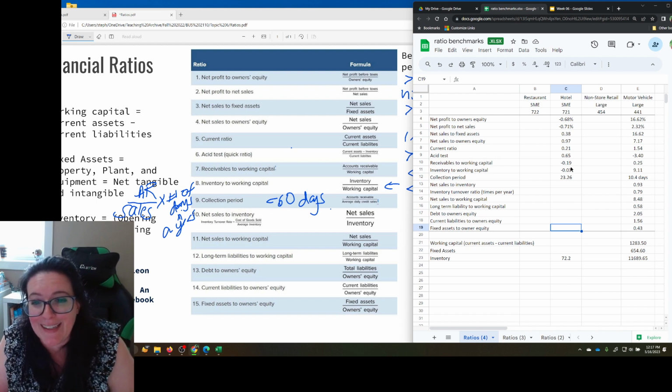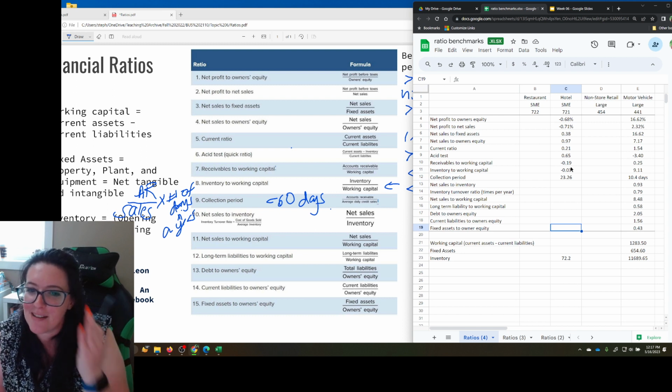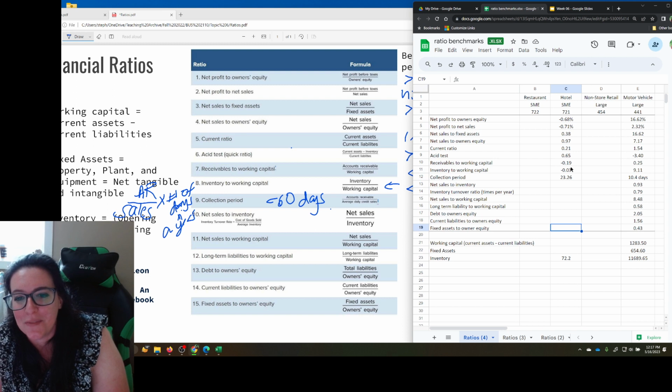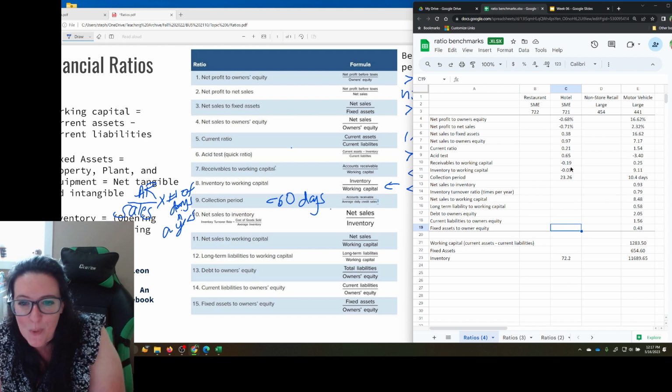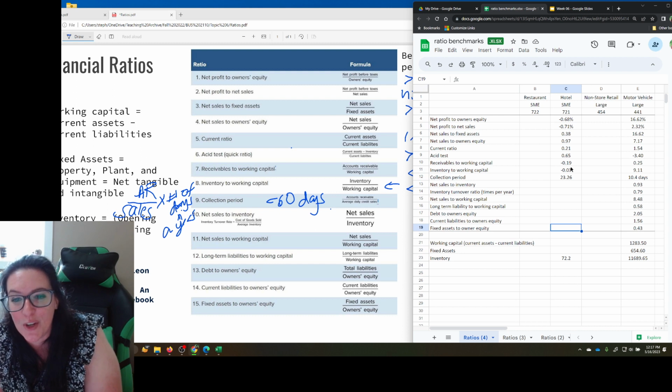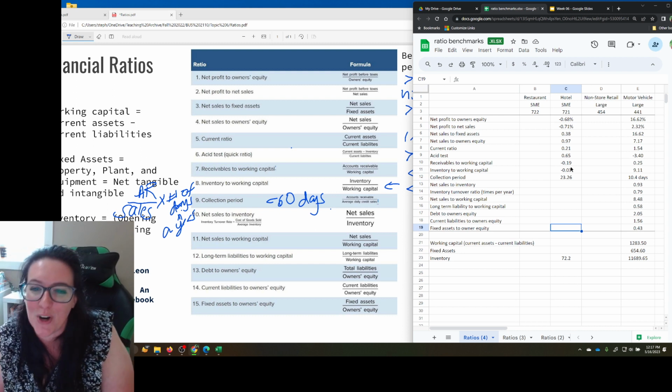So this is problematic. This means that we are producing inventory, we're making trucks, and they are not being sold. Because that net sales to inventory, we want that number to be bigger. We want it to be more than one because we want to be adding value to the organization. Well, how do you add value? You sell something for more than it's worth.